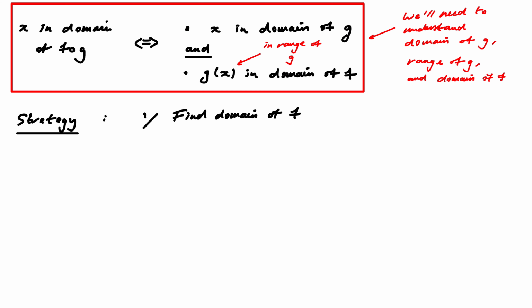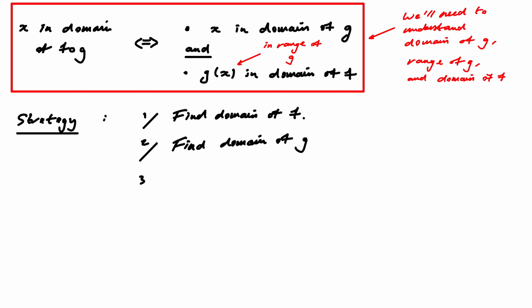That's quite a good idea. I'm going to work from the outside in, if you want. Find the domain of F first. That's going to give me some sense for what the possible inputs are going to be. Of course, we need to know the domain of G, because that gets the ball rolling in the first place.